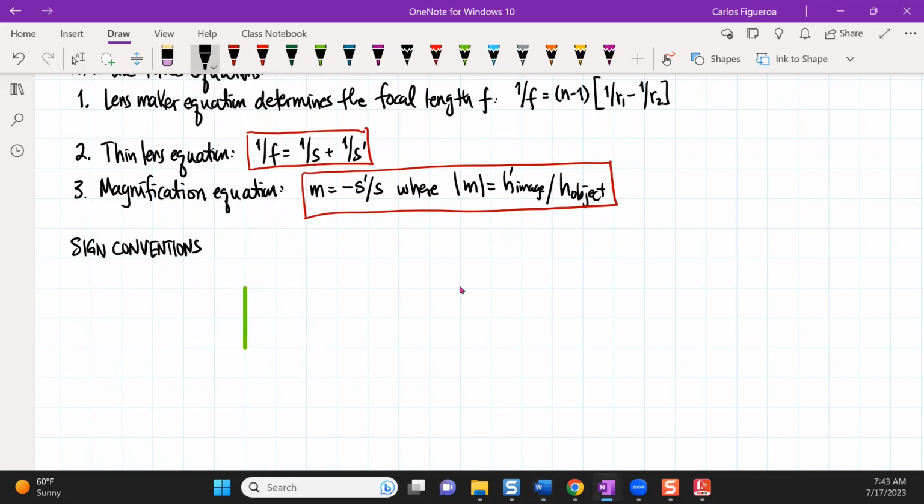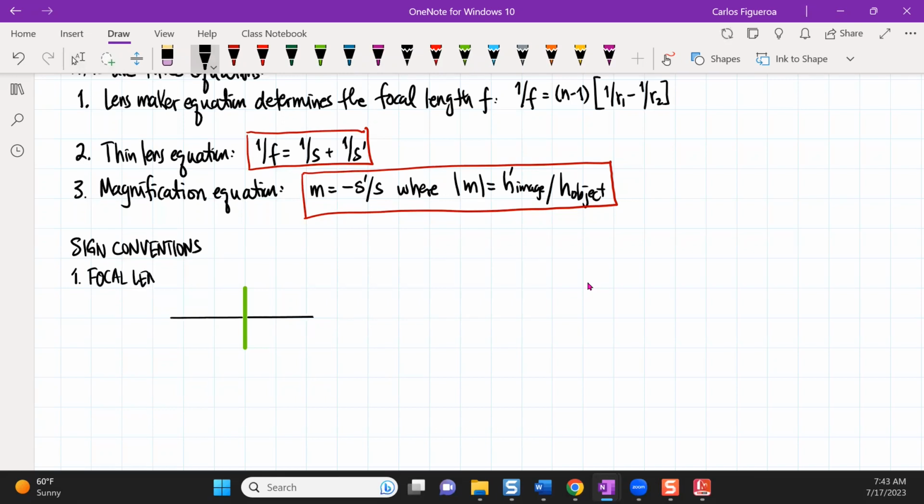For starters, I'm going to look at the focal length. So here's my central axis. I'm going to copy this because I'm going to use it again. So the first one that I'm going to look at is the focal length.